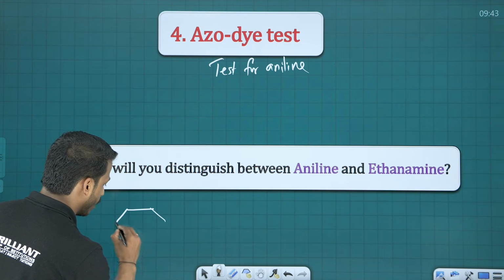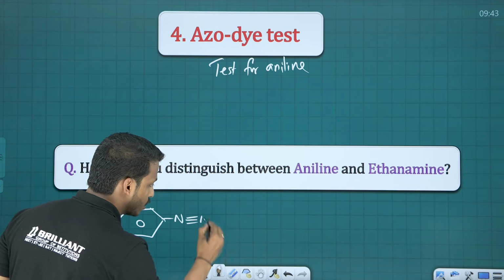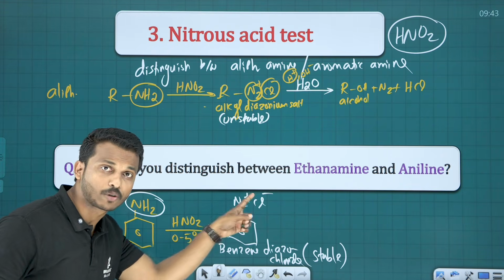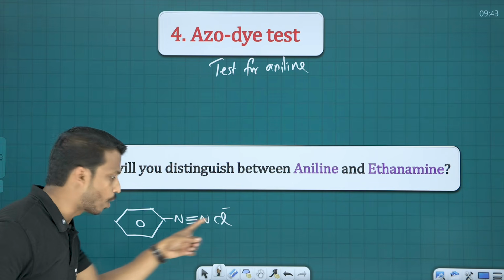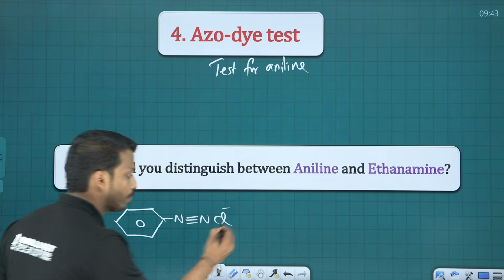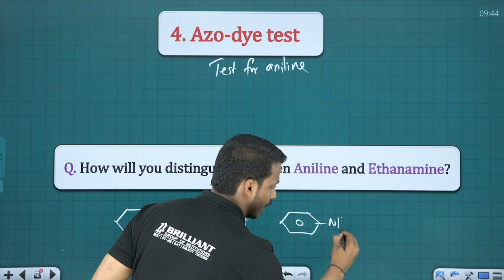What is the test is? Take a diazonium salt. You know what is diazonium salt? Benzene, N2Cl. This one, benzene diazonium chloride. The benzene diazonium chloride I written here, N2 means NN triple bond. The benzene diazonium chloride when react with the aniline, aniline is what? Benzene with NH2.